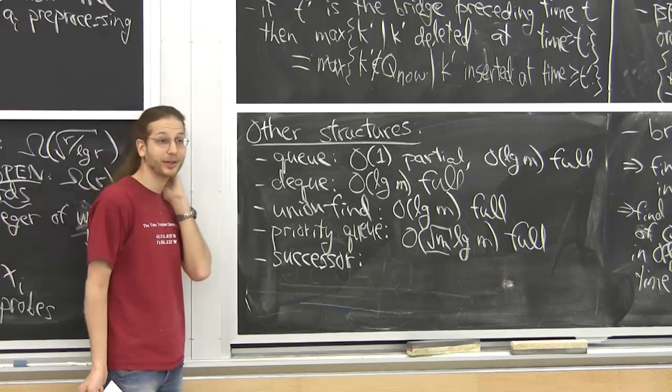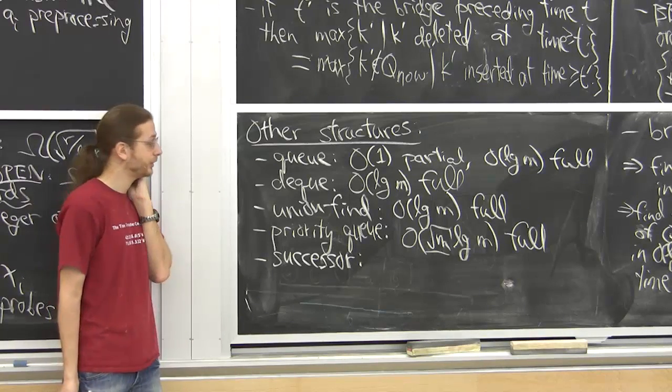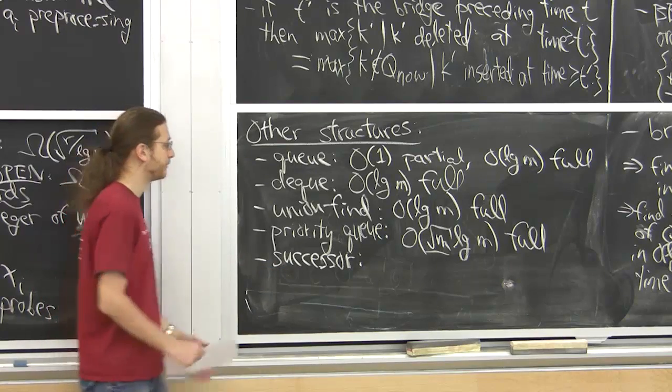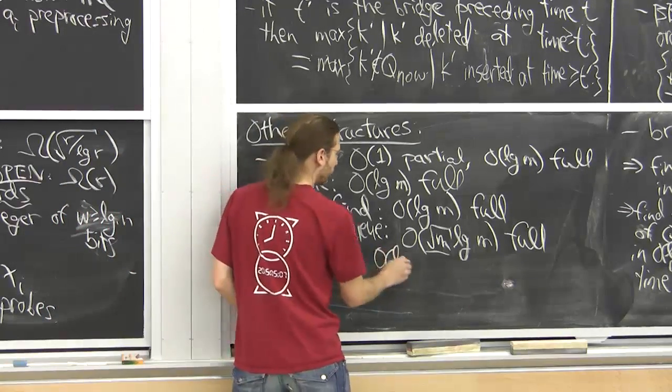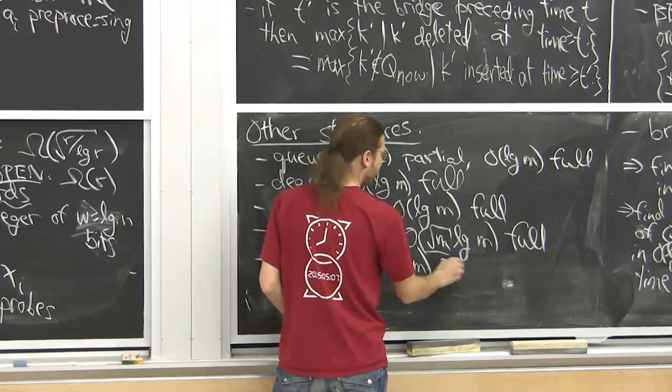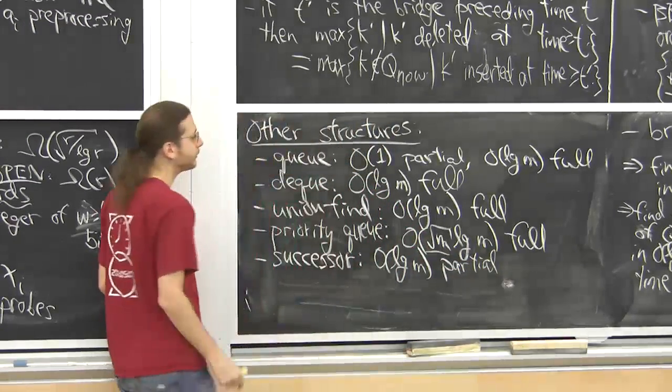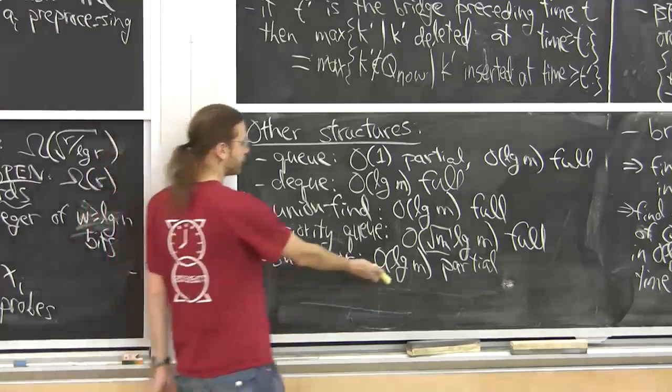Partially retroactive is really easy because this is a search problem. So I can definitely do log m partial retroactivity, just using a regular binary search tree.